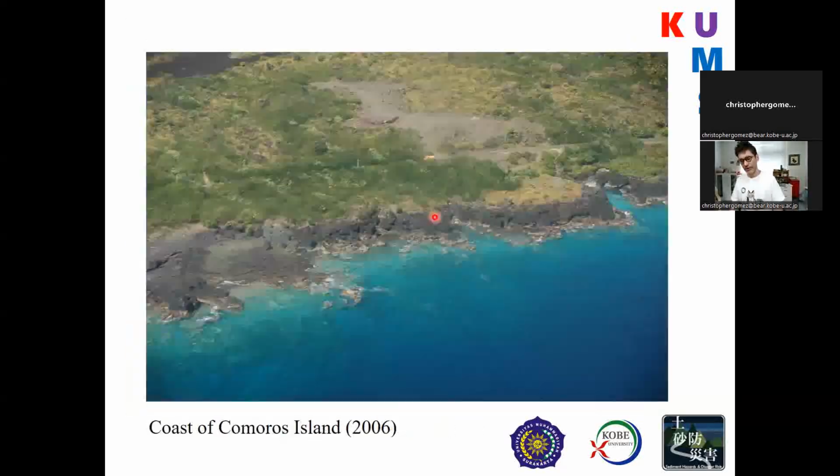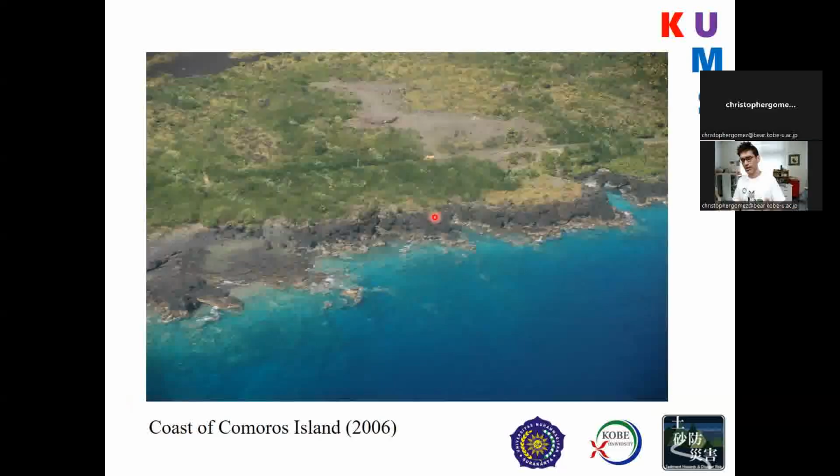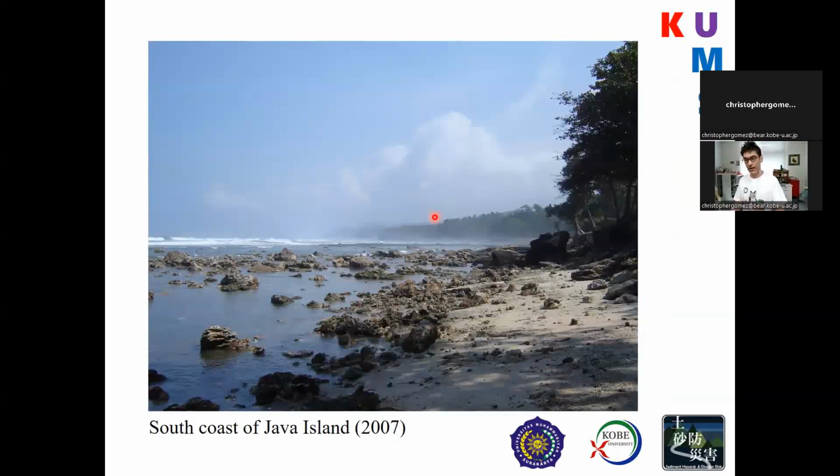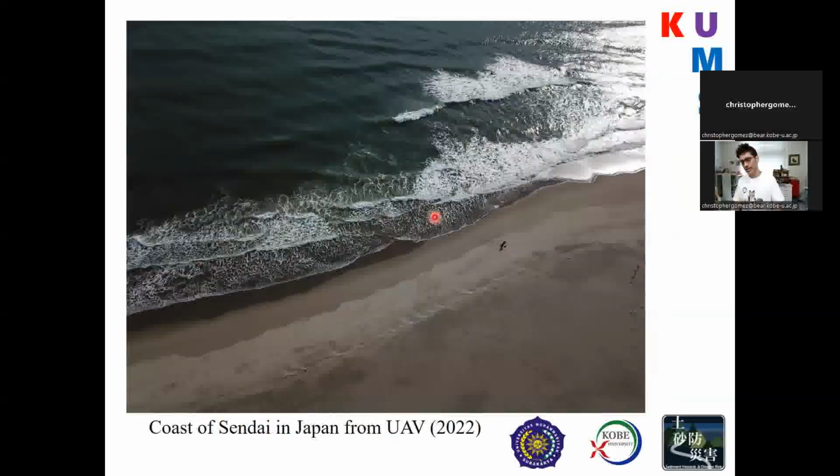So if you compare those four different coasts, you look at this coast made of a lot of lava, quite hard rock, but still mixed with other material. And here you have another type of coast, which has a mix of block and sandy coast. And here you have a purely hard rock coast. And on that one it is pure sand.